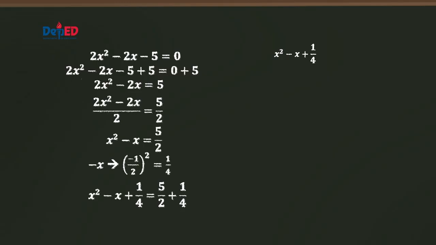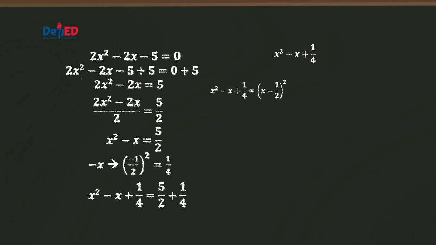So the first term of the binomial is x. Next, we get the square root of 1/4. Its principal root is 1/2. So the constant term in the binomial should contain 1/2. And then we copy the sign of the middle term in the perfect square trinomial. Hence, the constant term in the binomial is negative 1/2.